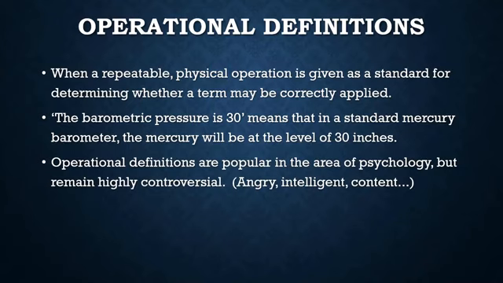Operational definitions are popular in the area of psychology, for example, and many other social sciences and other areas, but they could be controversial. So for example, if you wanted to provide an operational definition of angry, and you talk about blood pressure and facial expressions and so on, you may not be really capturing what it means to be angry, but you could describe it.